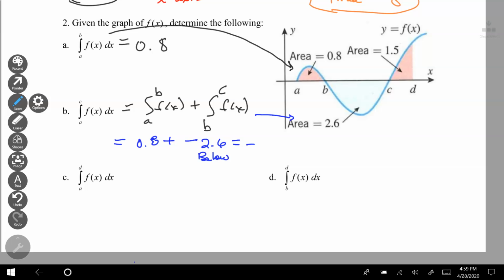So that is equal to -1.8. That is the area from A to C.